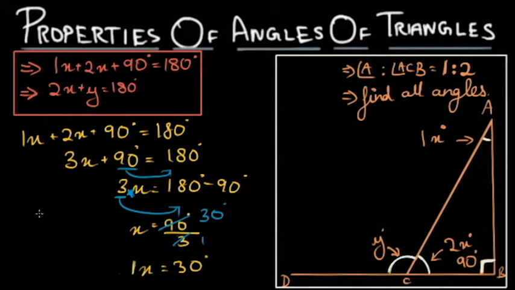We know the value of 1x, which is angle A. The value of 2x is 60 degrees, since 2 into 30 is 60. So the measure of angle A is 30 degrees. The measure of angle ACB is 60 degrees. Now we just have to find y.